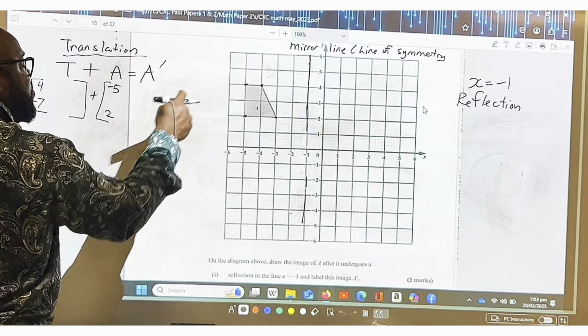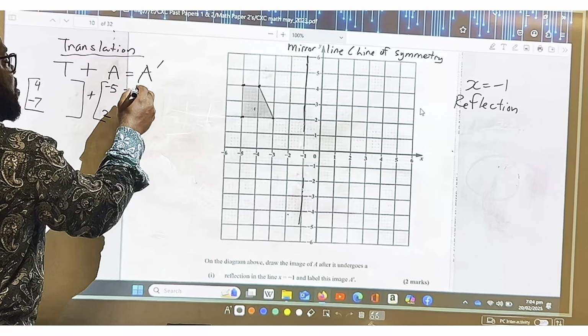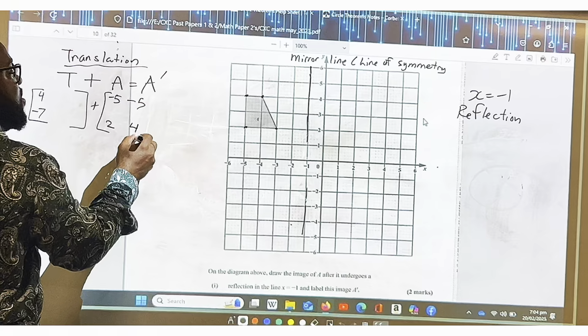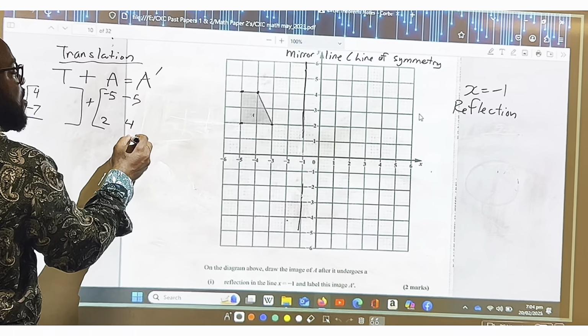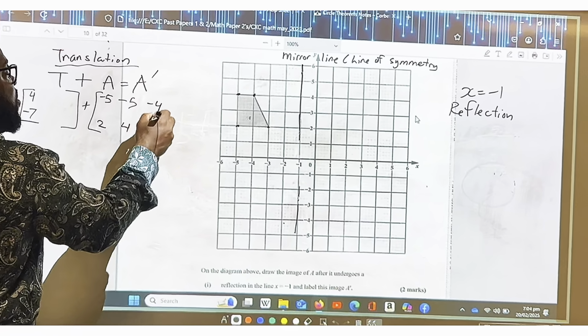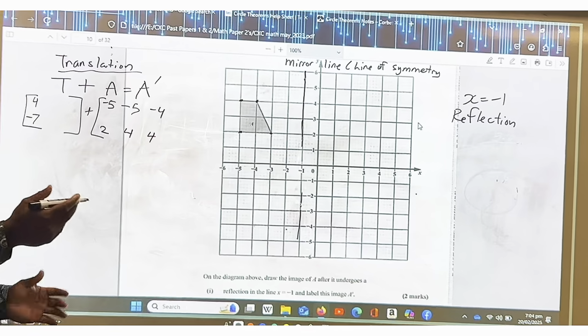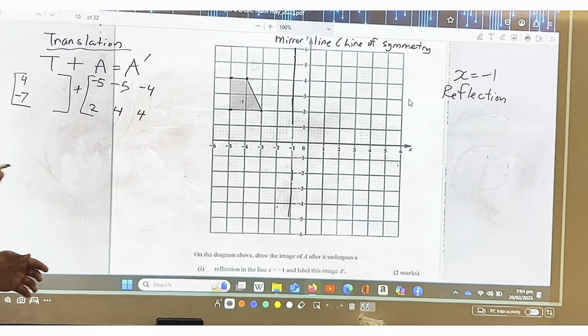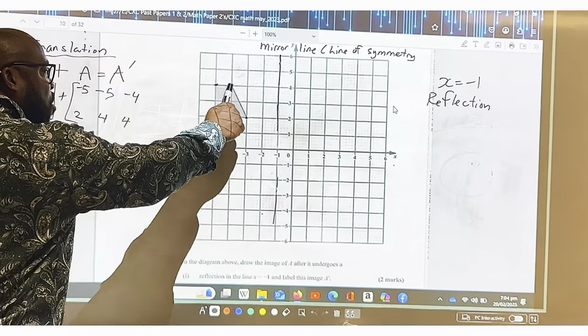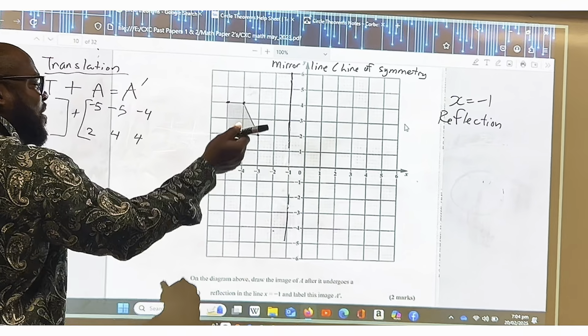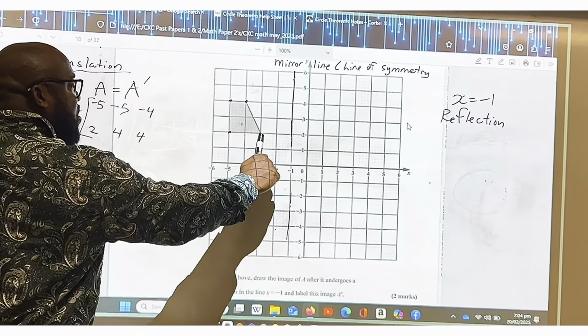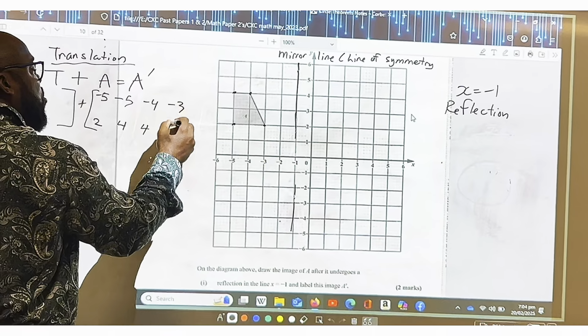Let's go in order. Up. Negative 5, 4. Next. Negative 4, 4. Guys, let us count on the coordinates. Negative 4, 4. And the last one is negative 3, 2.